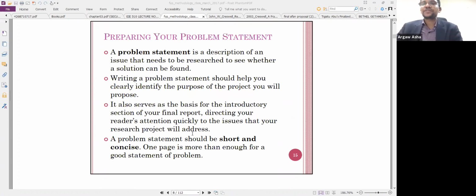Then coming to the problem statement, it's a description of an issue that needs to be researched, to see whether a solution can be found.